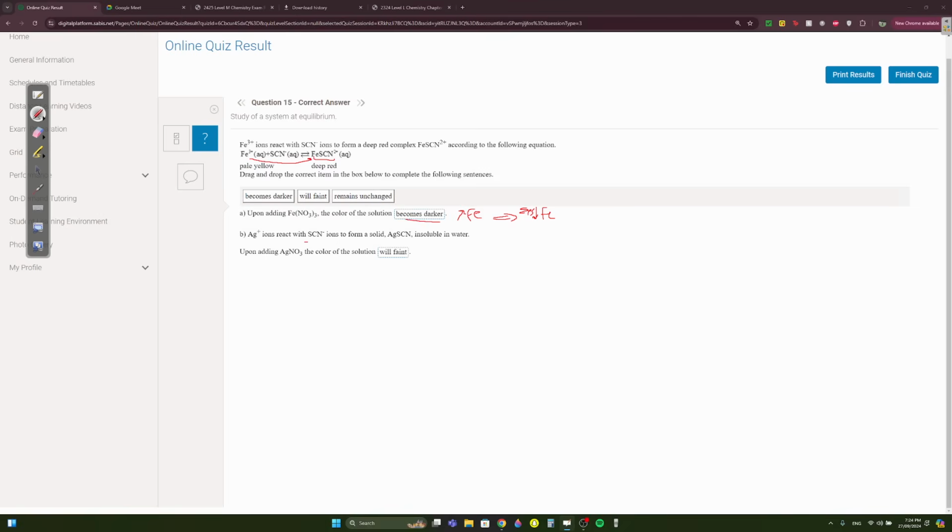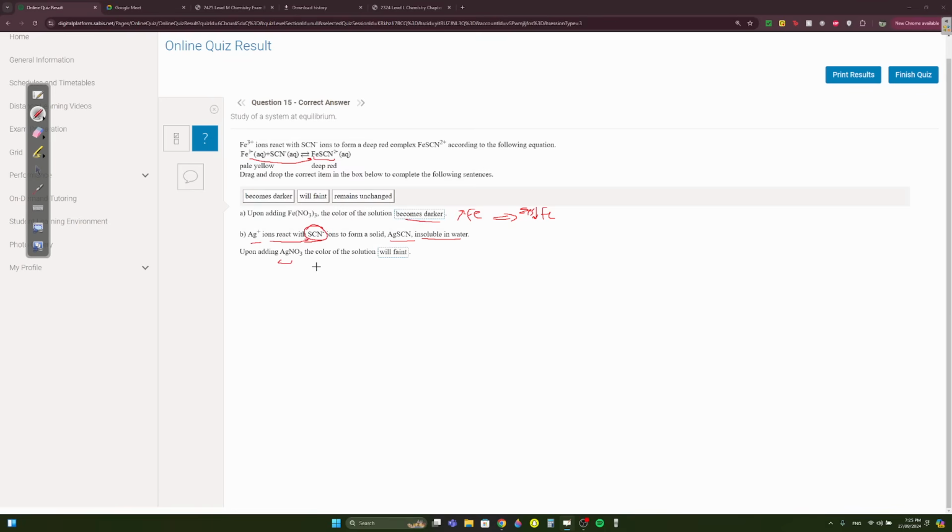Ag plus ions react with SCN minus to form a solid AgSCN, which is insoluble in water. Upon adding AgNO3, the solution will what? If you add AgNO3, they're saying that the Ag will react with SCN. So the Ag is going to steal these SCN.